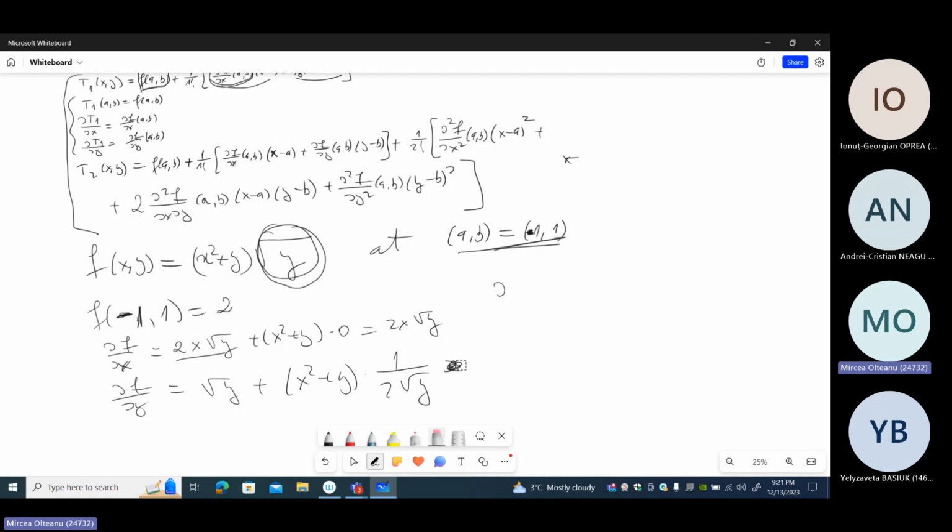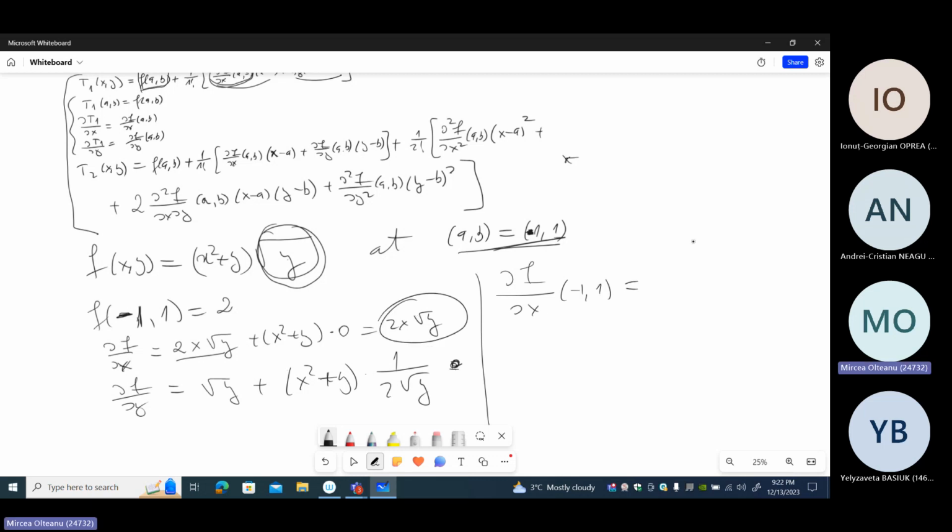Let's put them in the simplest form because we shall need to compute the second order, so we shall continue. How to handle here? I think we shall leave them as they are. And now let's compute them at the given point, minus 1, 1.